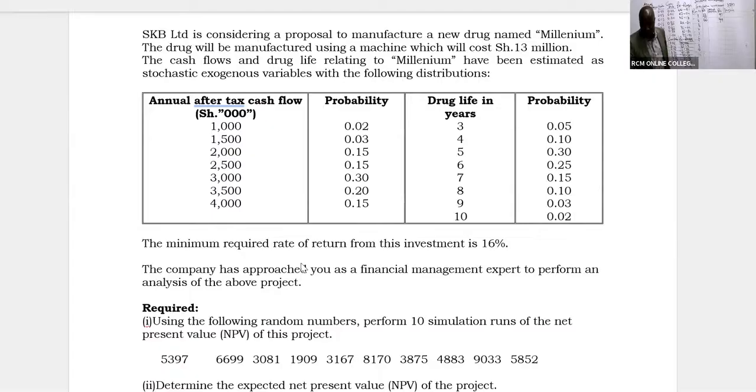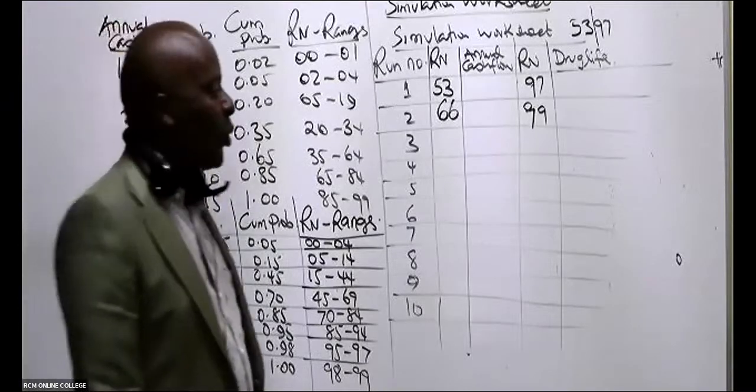They're telling me that the next one should be 3081. Is that okay?